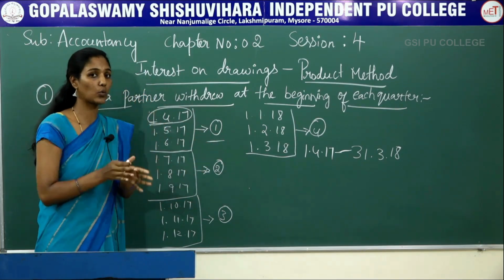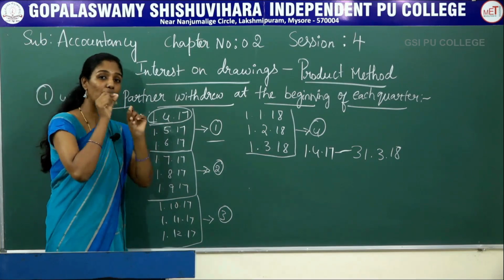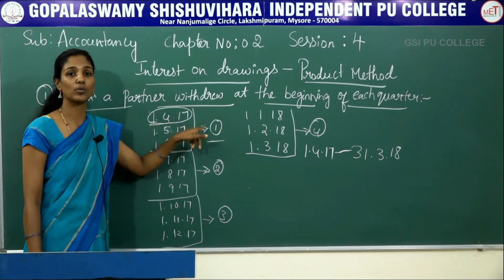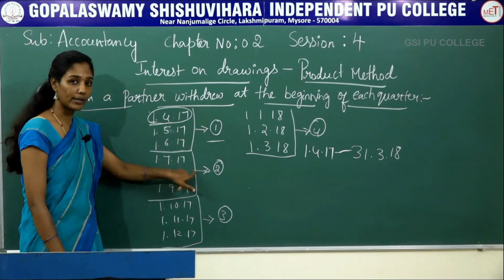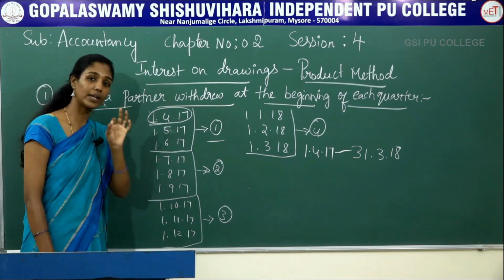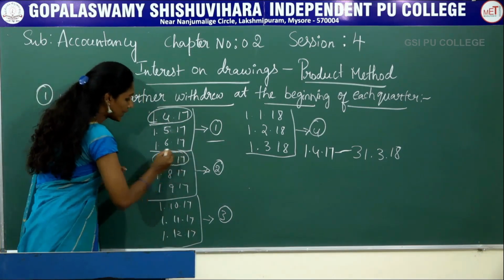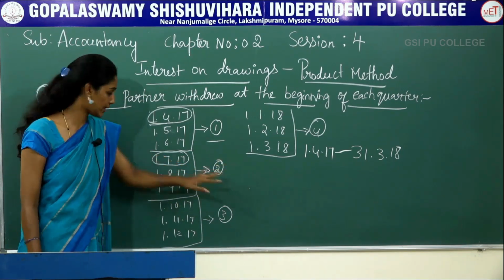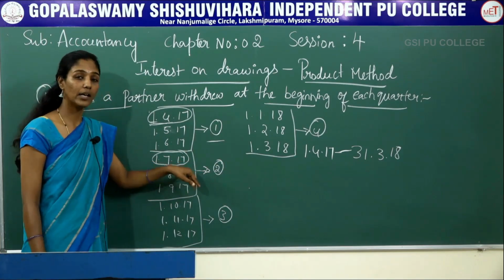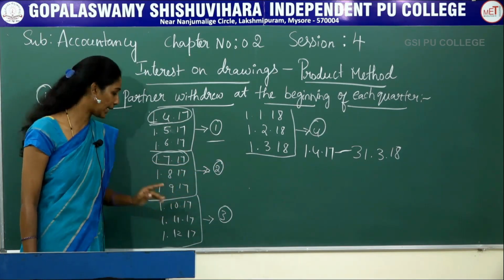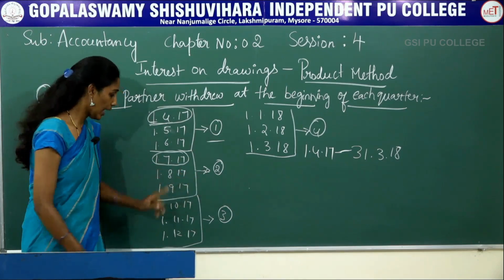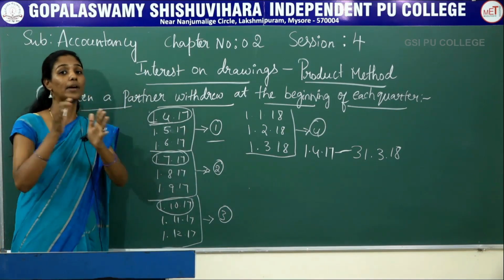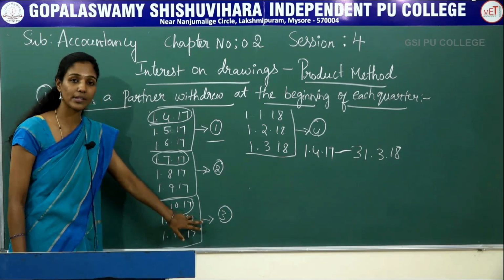In the first quarter, she has withdrawn in the first month of the quarter. So the date of drawings will be 1/4/2017. In the second quarter, again she has withdrawn a fixed amount on 1/7/2017, the beginning of the second quarter. The next date of drawing, you should take only the first month in a particular quarter: 1/10/2017.